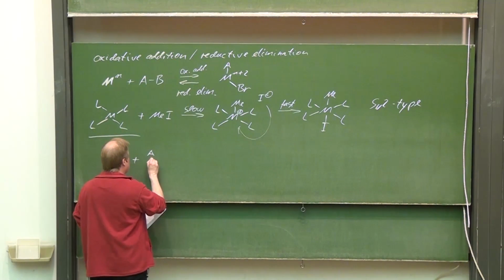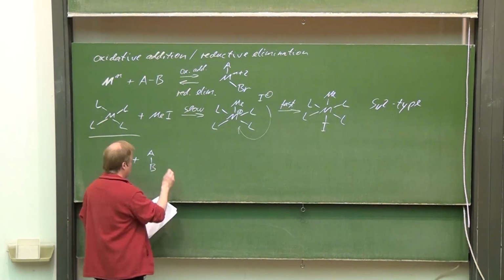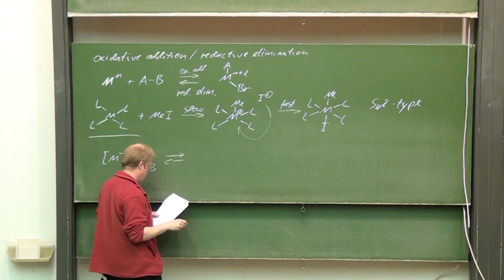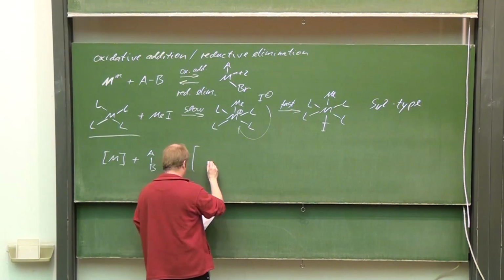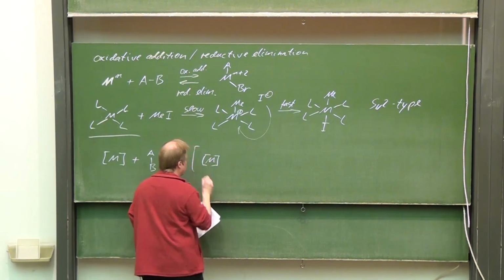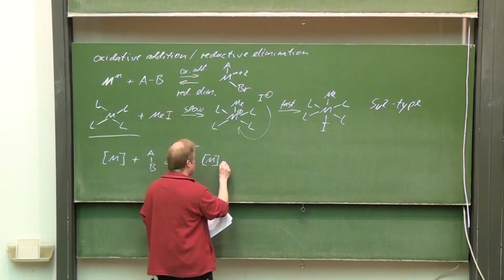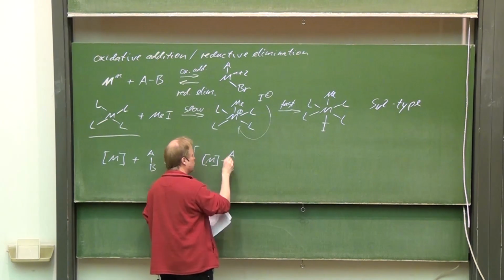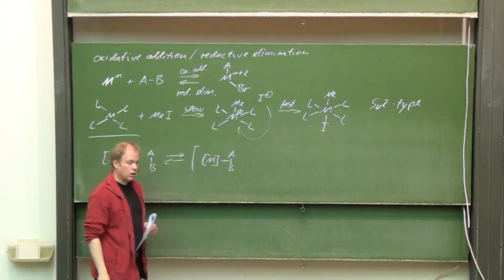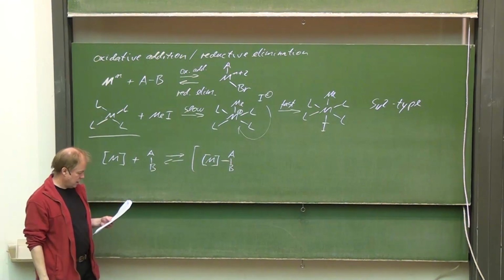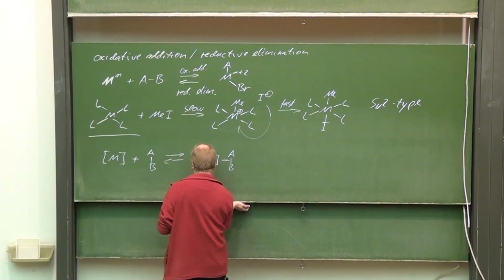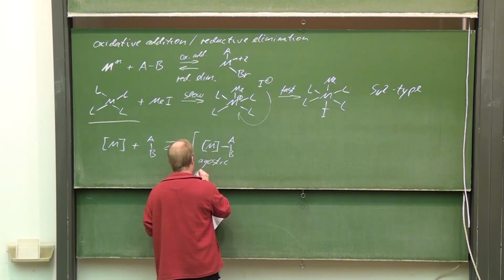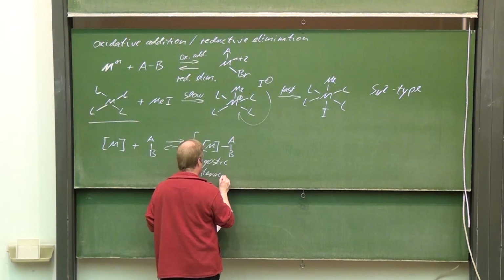So it reacts with the reagent AB, and in equilibrium, that unsaturated complex might coordinate to the electron density of the single bond between A and B. This is called an agostic interaction.